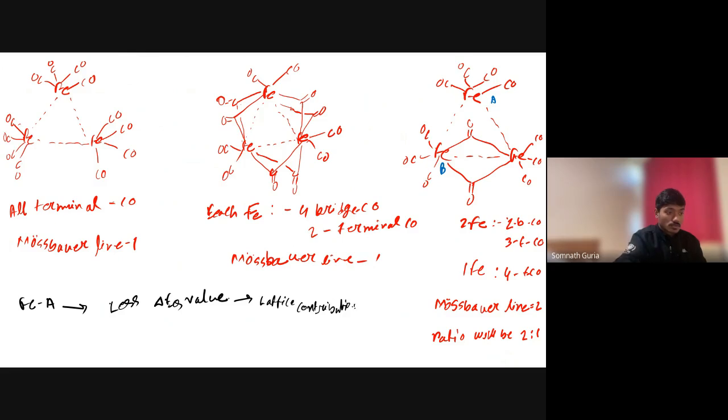The contribution is well less. Okay. On the other hand, we have a bridge CO over here, iron 2, Fe, Fe2, Feb, high delta EQ value. There is a lattice contribution over here.